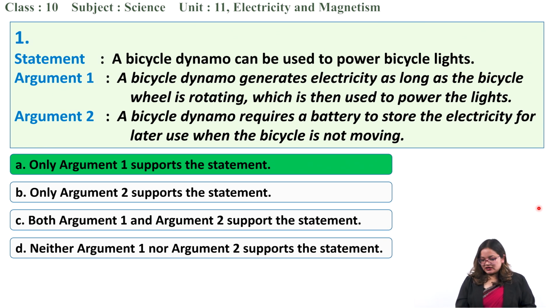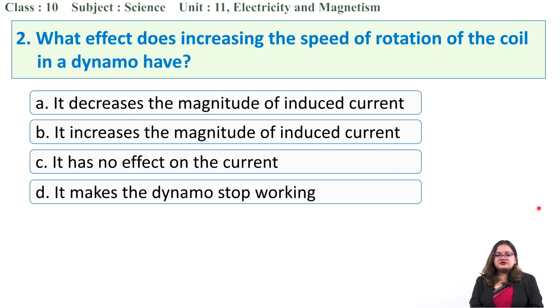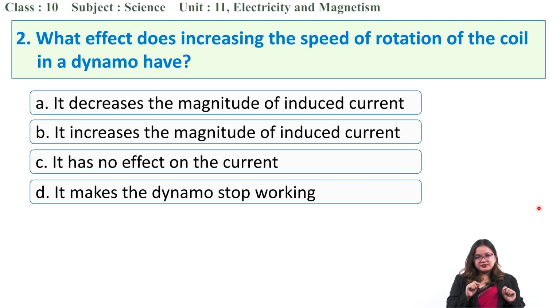Okay, now another question. What effect does increasing the speed of rotation of the coil in a dynamo have? To answer this question, do you remember Faraday's second law of electromagnetic induction?